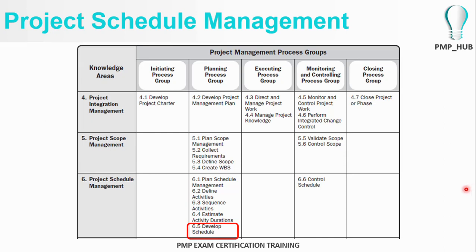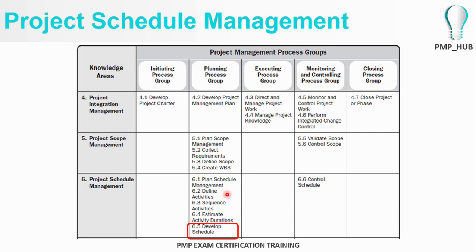If you recap, under 6.2 Define Activities, we define activities taking into account the WBS work package and broke it down using decomposition or the rolling plan method to come up with activities.